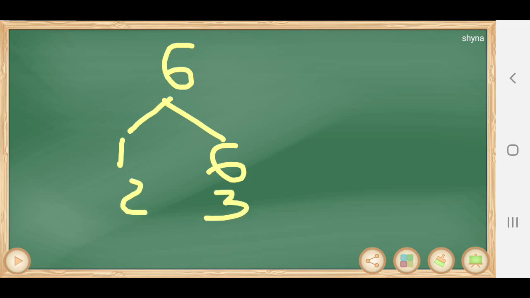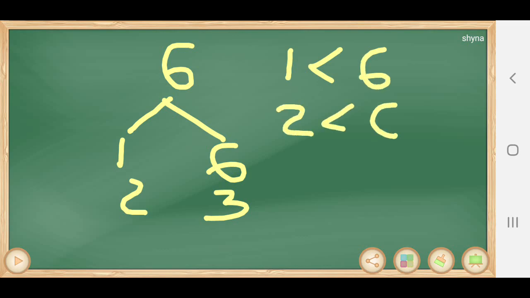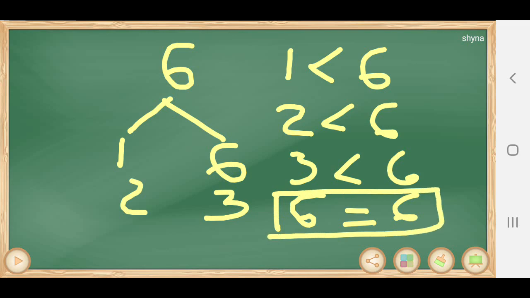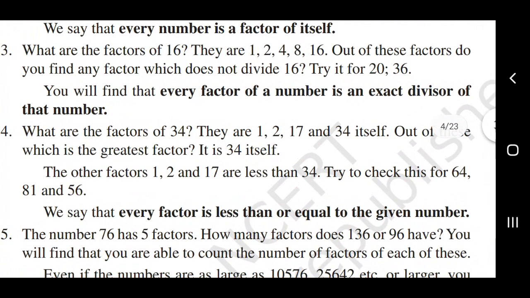No. So 1 is less than 6, 2 is less than 6, 3 is less than 6, 6 equal to 6. So every factor is less than the number or equal to it. In the last case it is equal. So you can conclude that every factor is less than or equal to that given number.